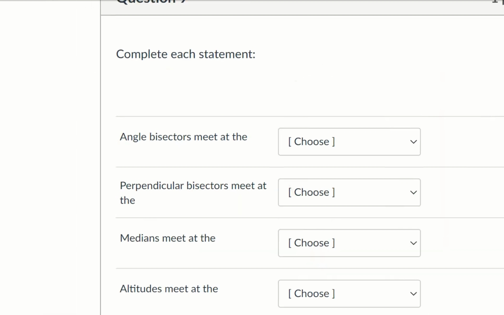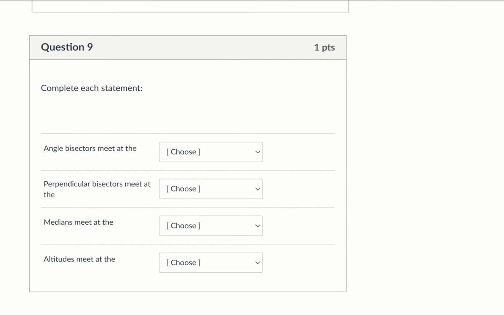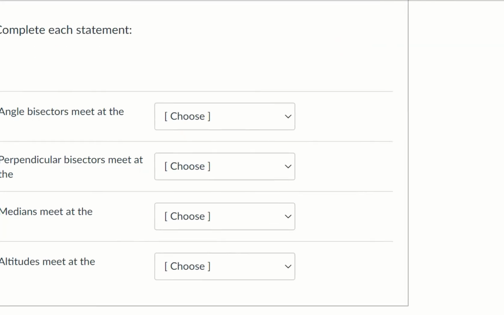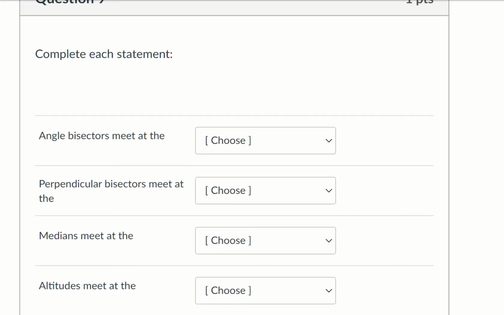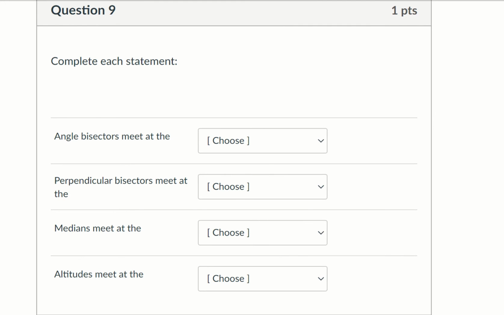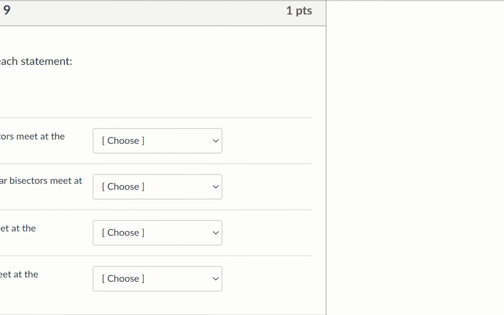All right, question 9, let's complete the statement. It says, angle bisectors meet where? This is a perfect example of just knowing the facts of what we discussed as far as vocab is concerned.